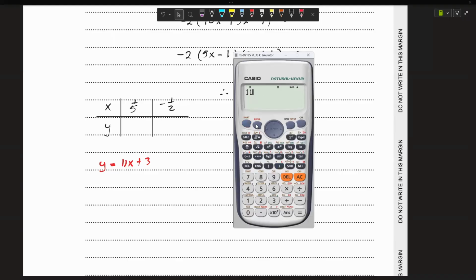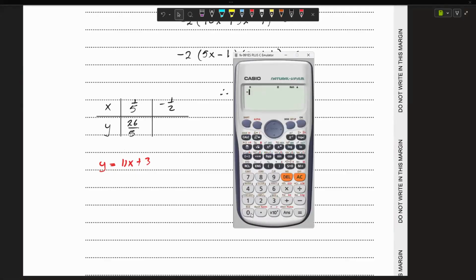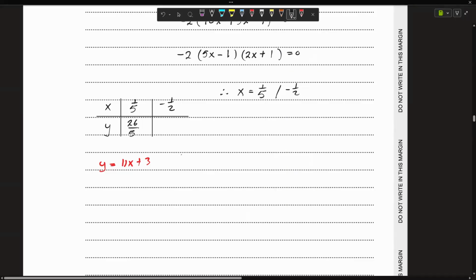So 11x plus 3 gives us 26/5. So one of the values is 26/5. And when x has a value of -0.5, I store that into x, back to the equation, and get -5/2.